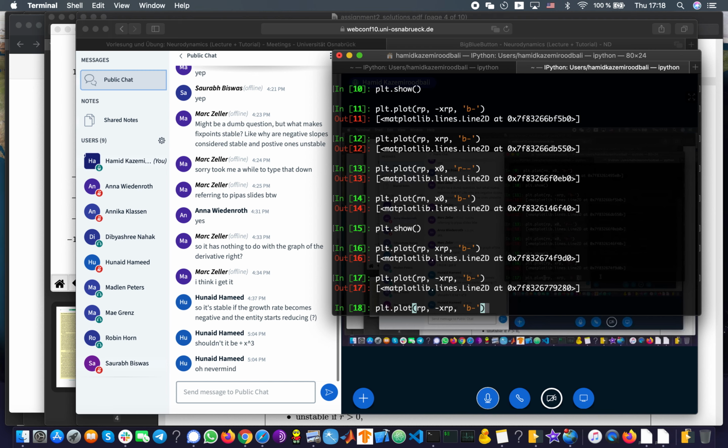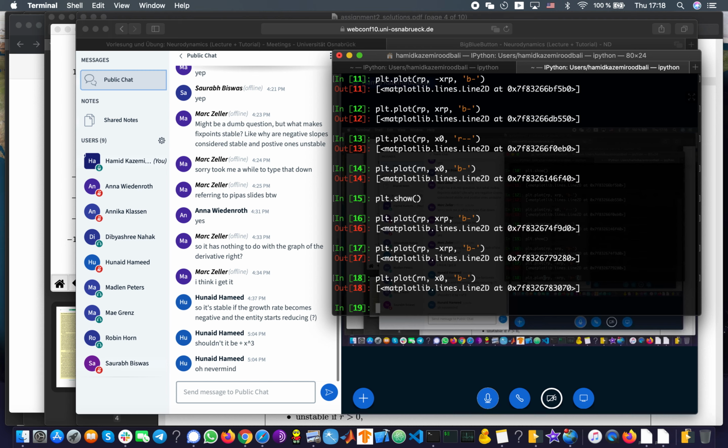And for the other one, for negative r, x0 is again stable. So here you have another stable one, and for the positive r's, that x0 is going to be negative, right?